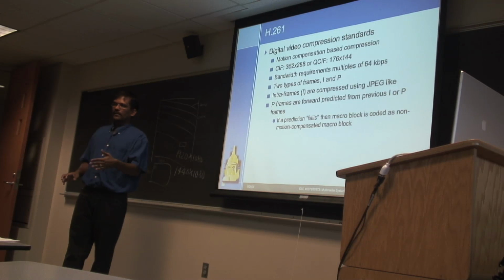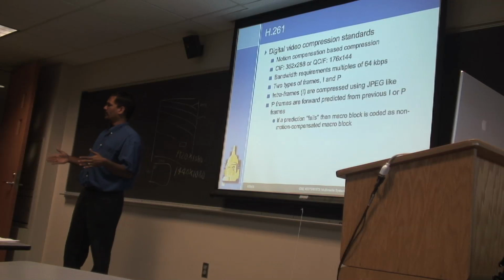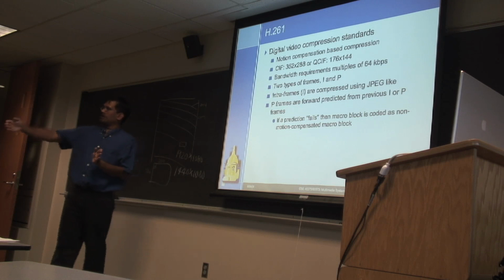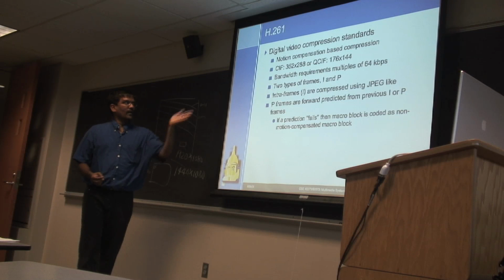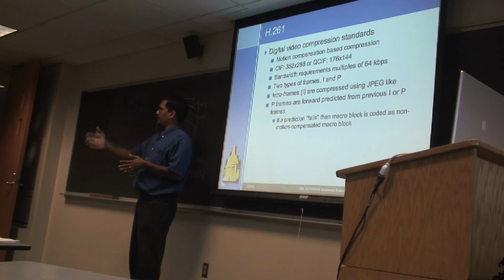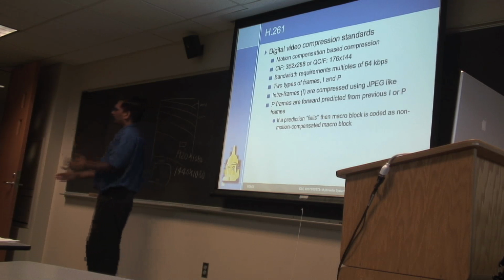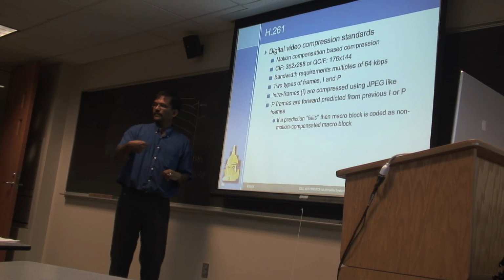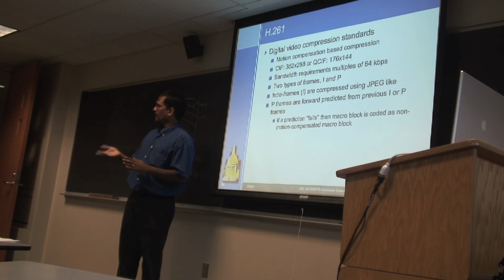An I frame is an intra frame, and a P frame is a predicted frame. I mentioned that there should be some frames you can trust, and the other ones are offshoots of those. The I frame is the one stable frame, and the P frames which follow are predicted from the I frame. It can be predicted either from the I frame or a previous P frame.